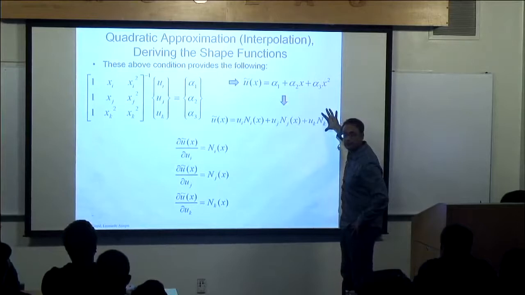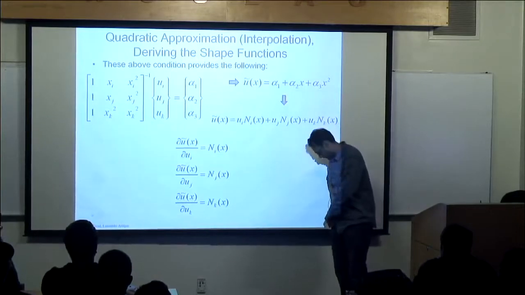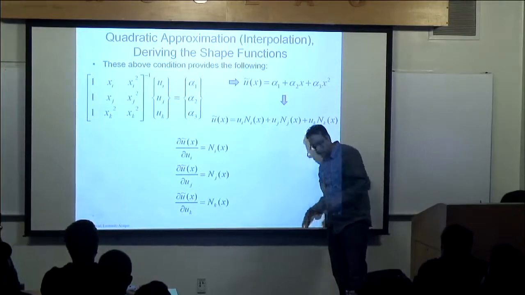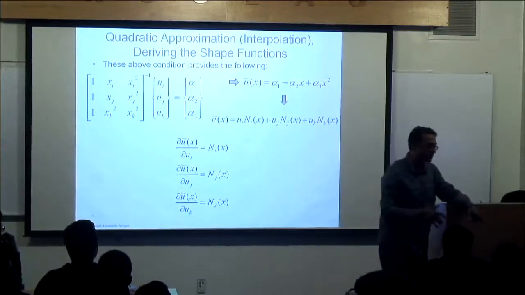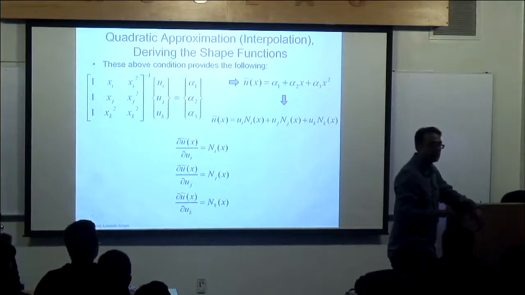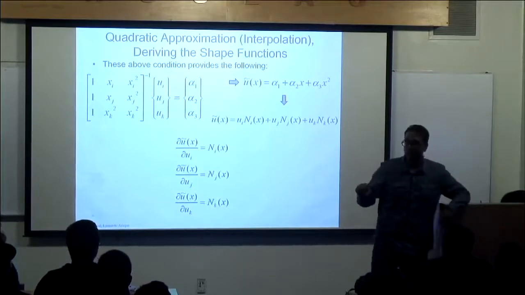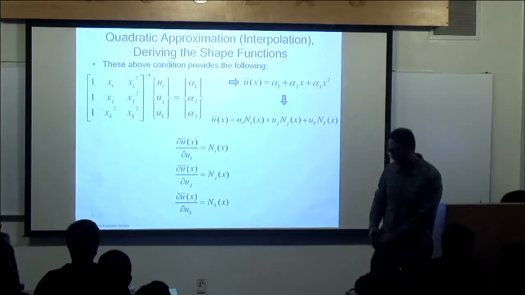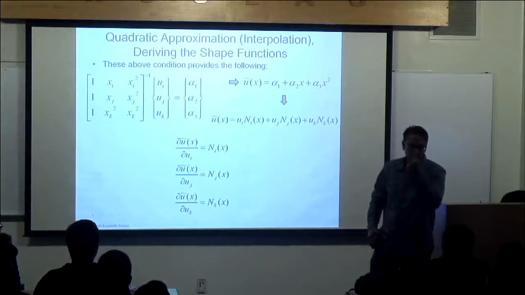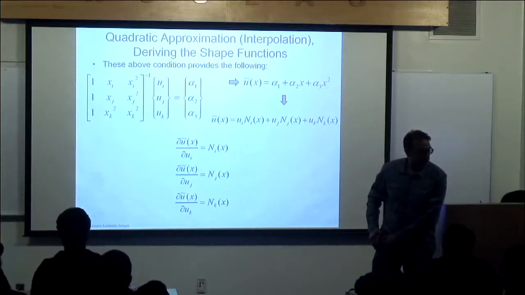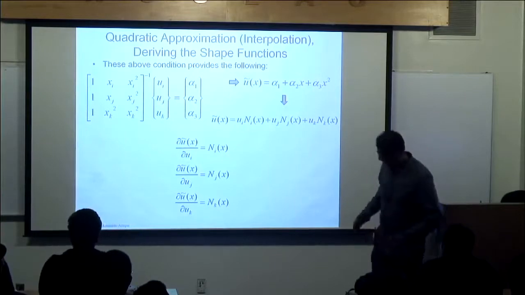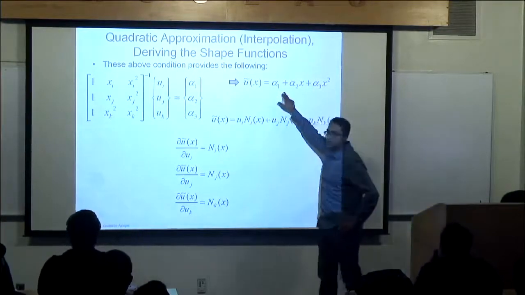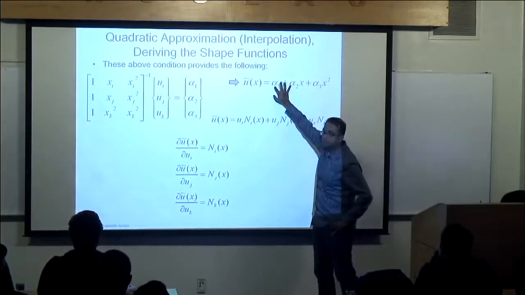Isn't that what I want? So if I have this approximation function, now everything is in terms of ui, uj, uk.